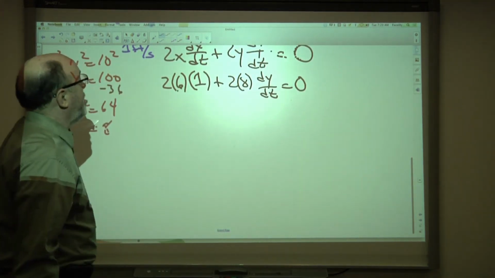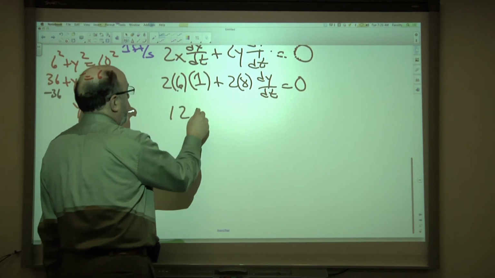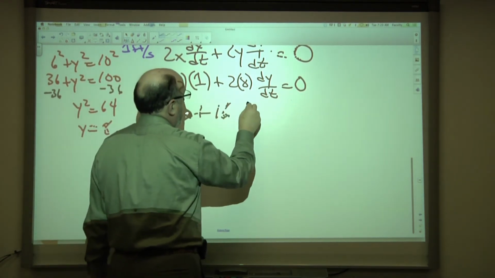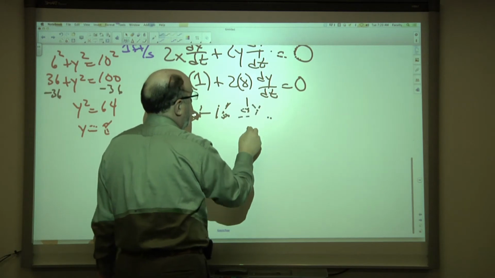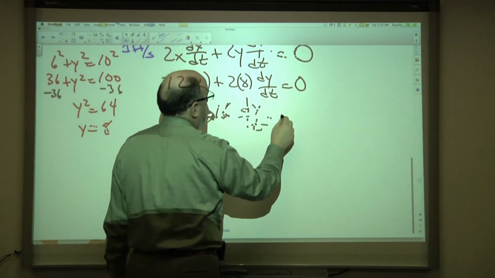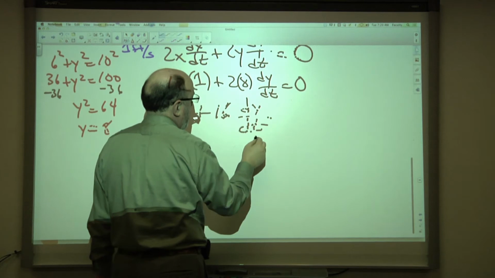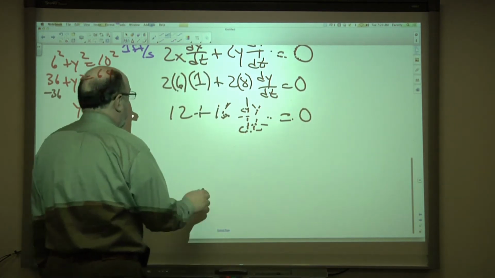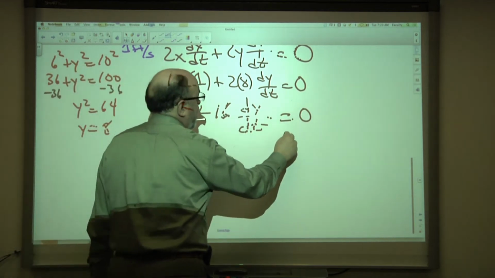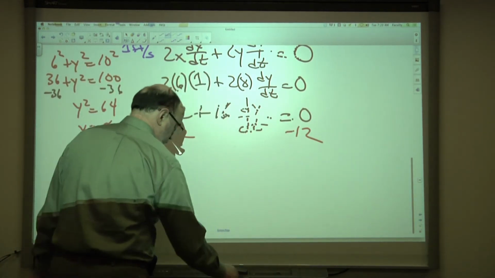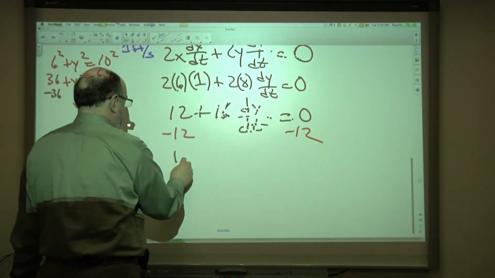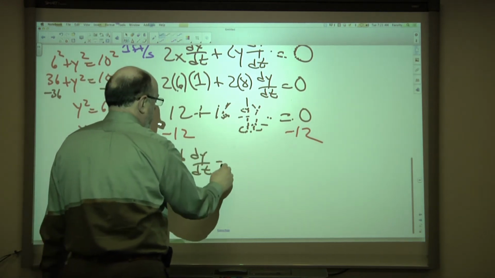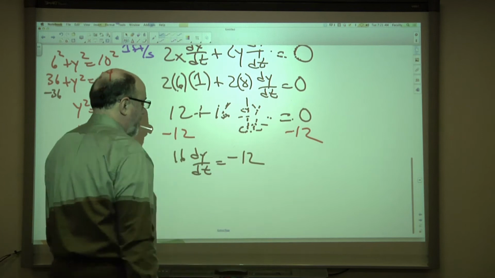Well, 2 times 6 times 1 is 12. This is going to be 16 dy/dt. That's equal to 0. Let's take the 12 over to the other side. And so we get 16 dy/dt is going to equal negative 12.